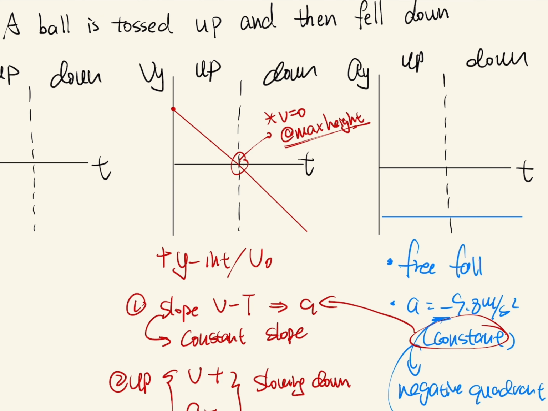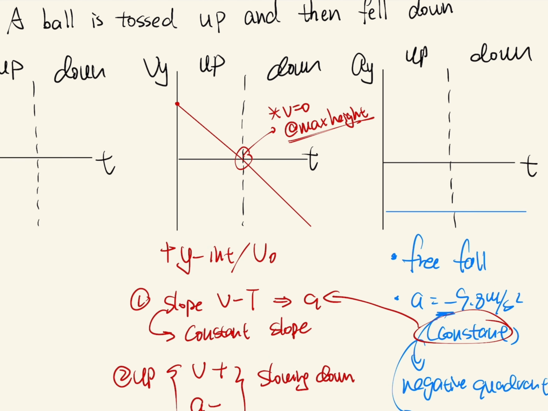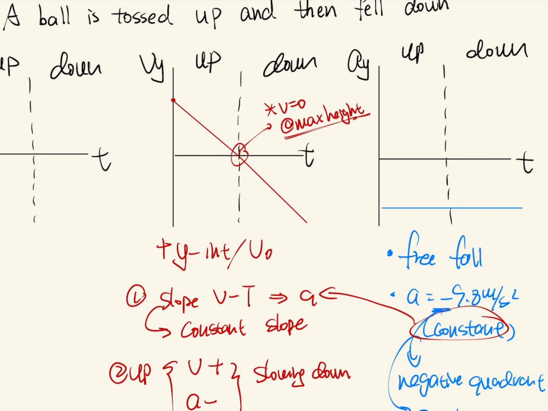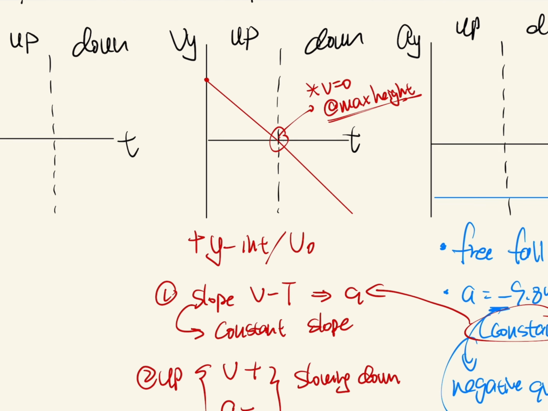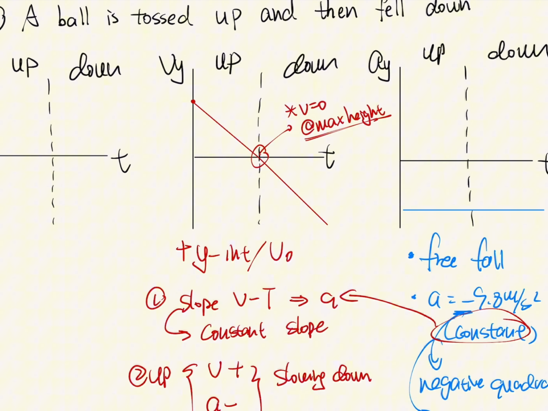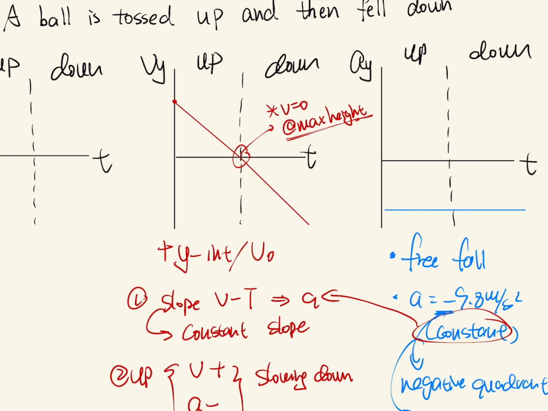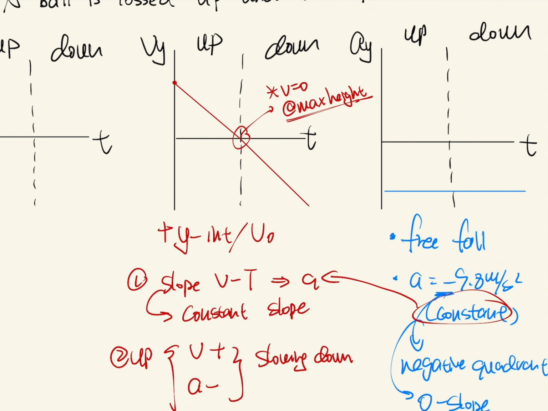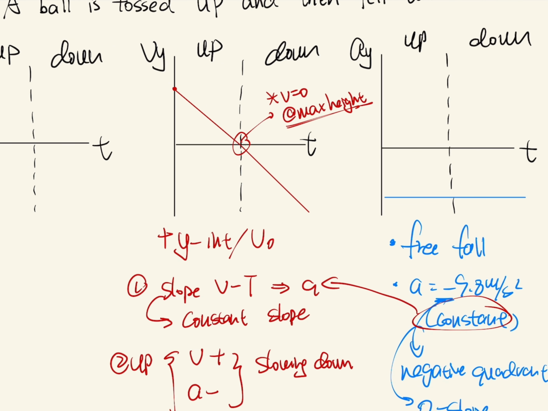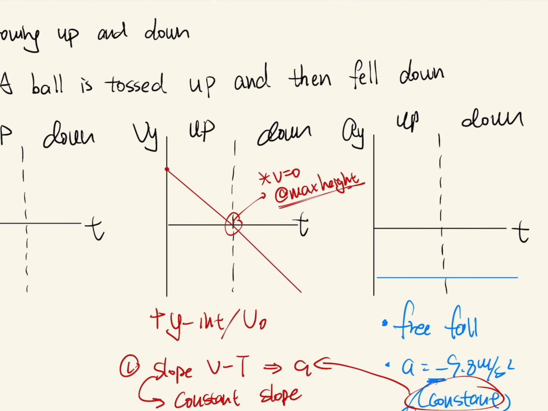Okay, so now we're just going to think about the YT graph, or vertical position versus time graph. We also have a lot of ways to approach the YT graph. First of all, the initial position is really not given, so it could just be 0 to make it easier to think of.